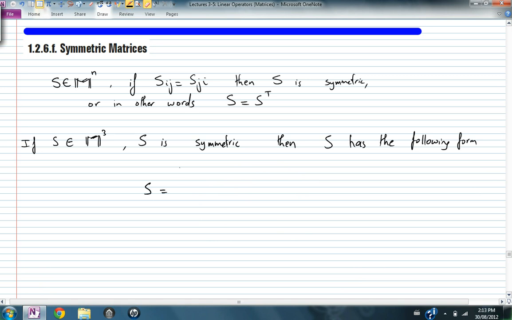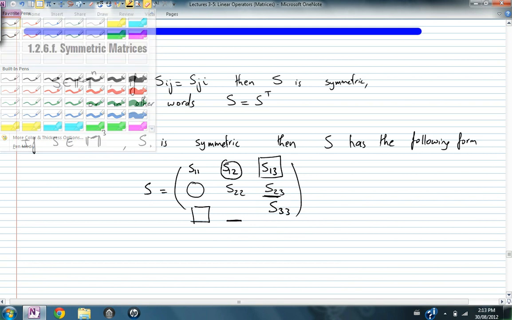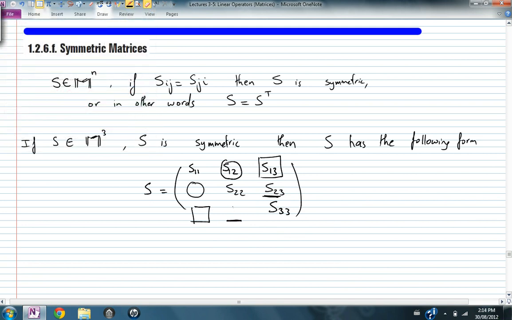S will be equal to S11, S12, S13, S22, S23, S33. Now because it's symmetric, this number is repeated here, this number is repeated here, and this number is repeated here. So this will be S23, S13, S12.